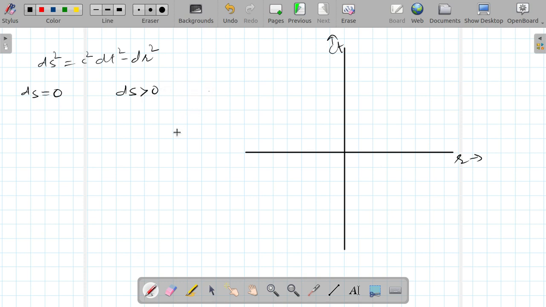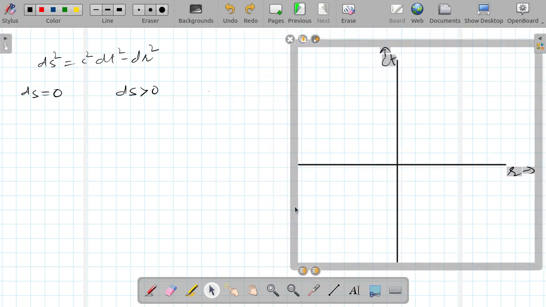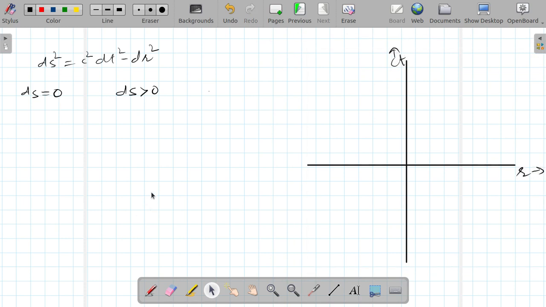And the third case is that ds is less than 0, right?